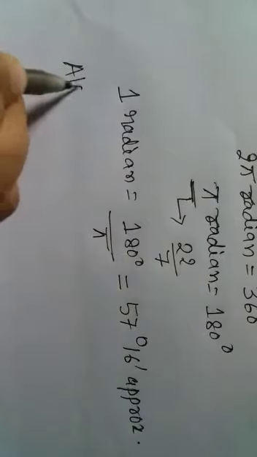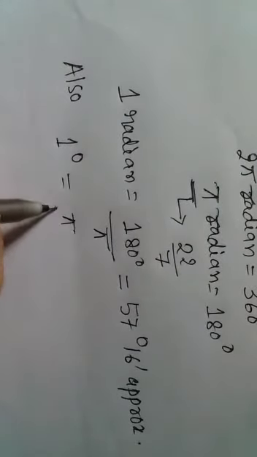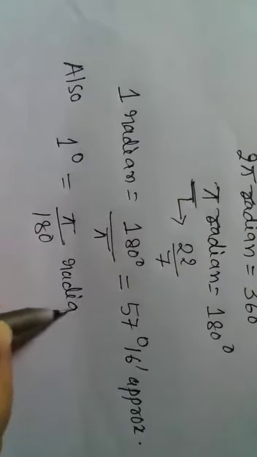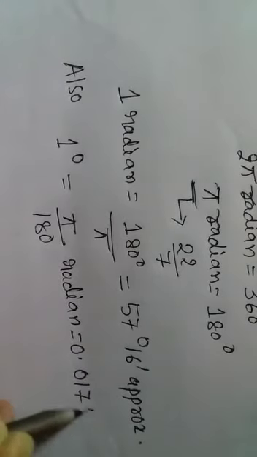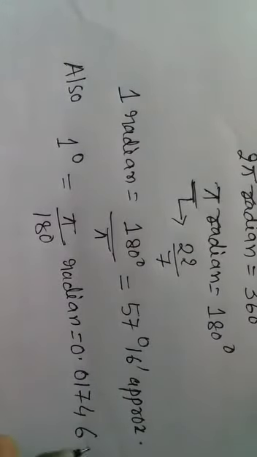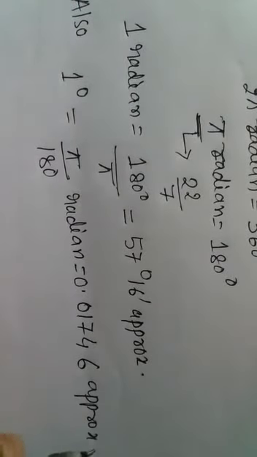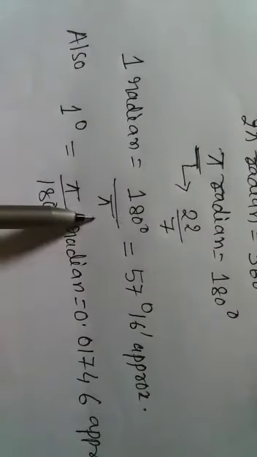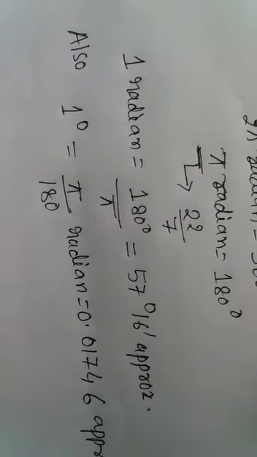We can also write 1 degree is equal to pi by 180 radian, and this becomes 0.01746, also approximately. So 1 radian is equal to 180 by pi and 1 degree is equal to how much? Pi by 180 radian.